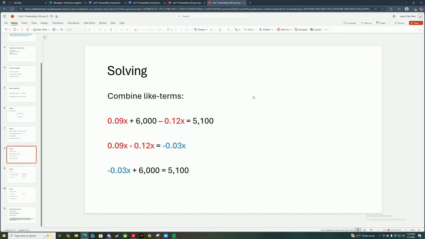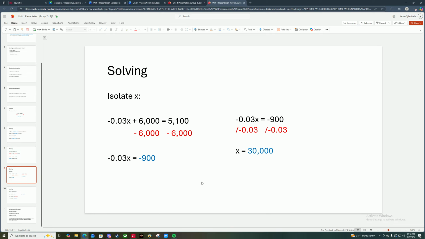All right, now we're going to combine the like terms. We're going to take that 9%, or 0.09x, and take out that 0.12x. That's going to leave us with negative 0.03x. And that leaves us with the equation negative 0.03x plus 6,000 is equal to 5,100.